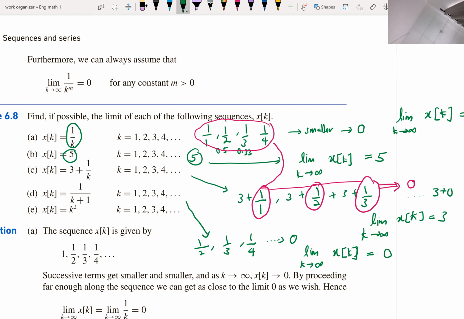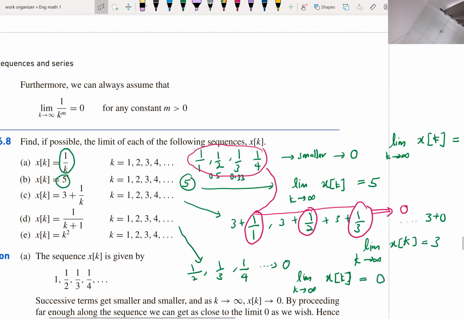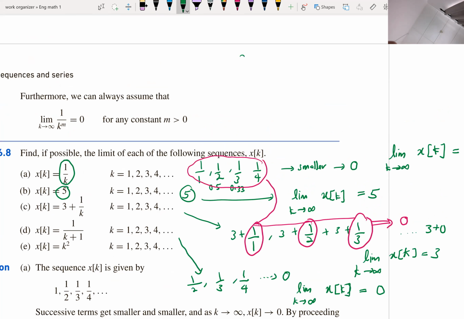For case E, x k equals k squared. Here k is 1, 2, 3, 4, and so on.